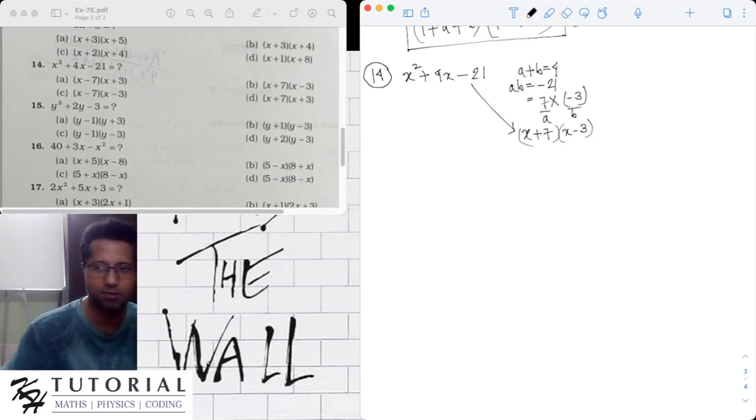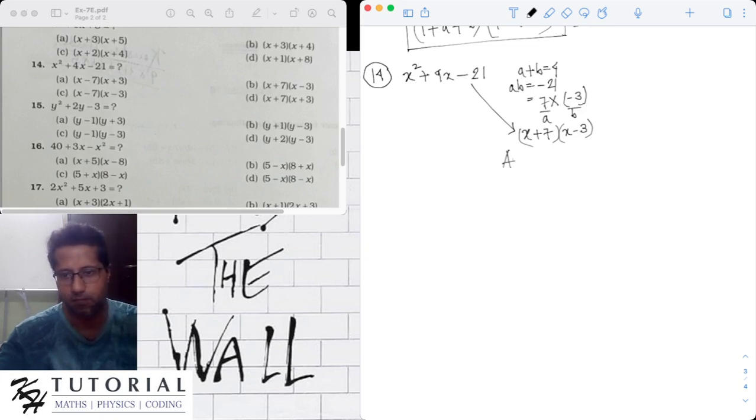You can tell the factors once you have found A and B, such that for this problem A plus B equals 4 and AB equals minus 21. So definitely the factorization will be x plus 7 multiplied by x minus 3, and hence the correct choice will be B.